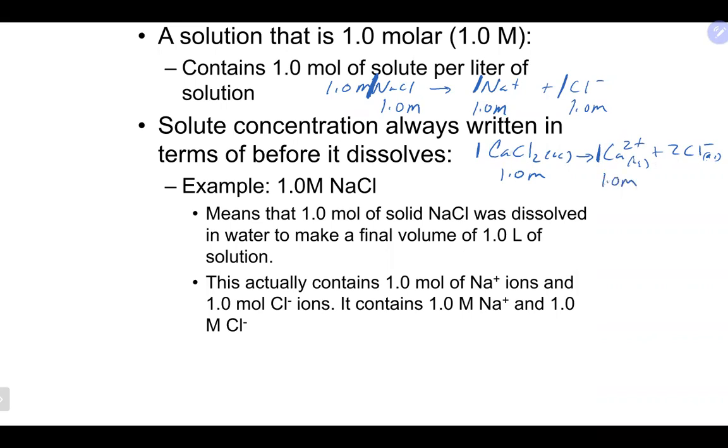But when we look at the whole thing compared to our chloride, it is actually a 1-to-2 relationship. You get twice as much chloride floating around that solution for every 1 that you drop in there. So to get the correct concentration for the chloride, you would take 2 times the 1 molar, and it would be 2 molar for our chloride, because you get 2 for 1, basically.